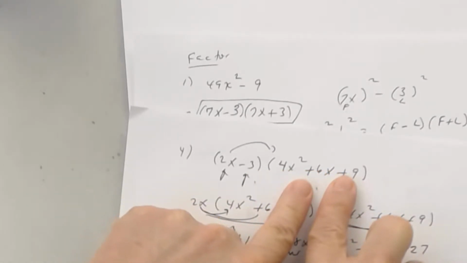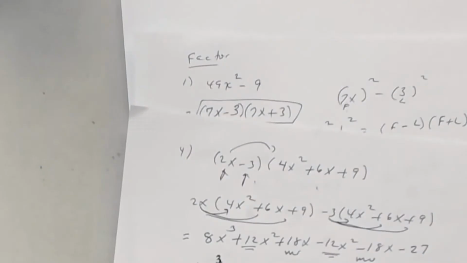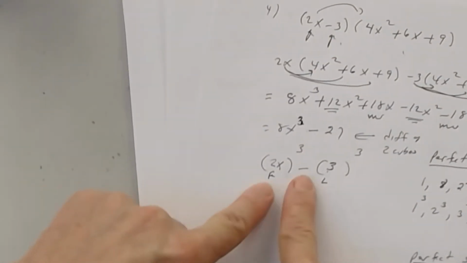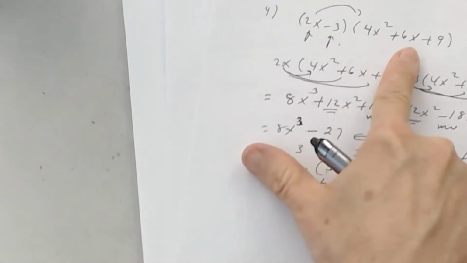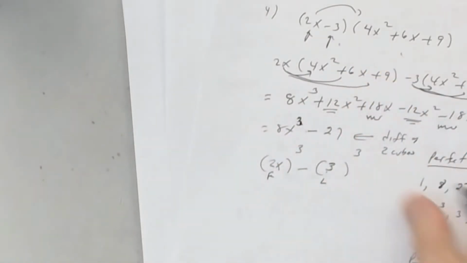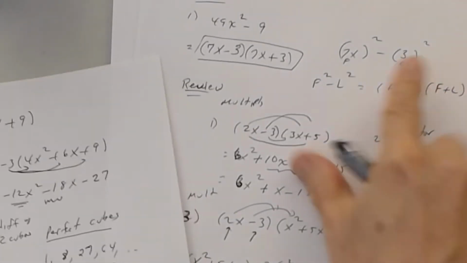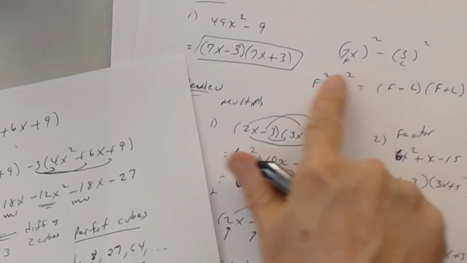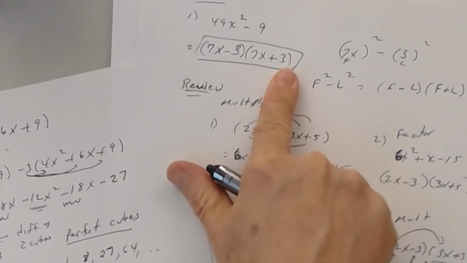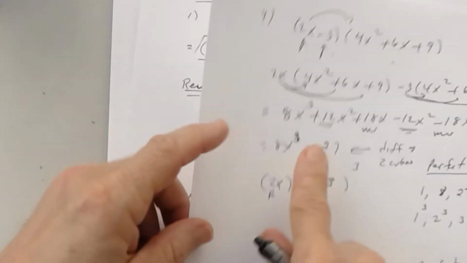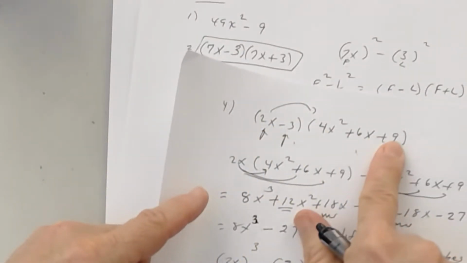Trinomial. When you factor the difference of 2 cubes, you're going to get a binomial times a trinomial. When you factor the difference of 2 squares, you get a binomial times a binomial. When you factor the difference of 2 cubes, you get a binomial times a trinomial.